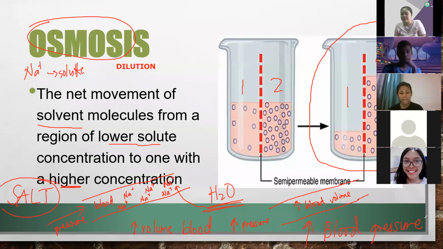So if you have someone in the family who is hypertensive, please be mindful. Please remind them about lessening the intake of the salt. Okay, that's an example, class, of osmosis that takes place inside our own body.